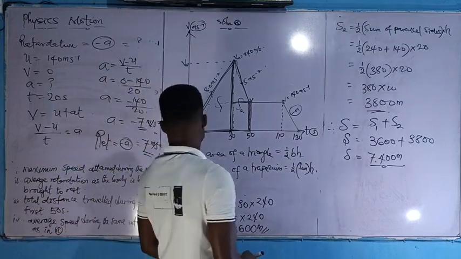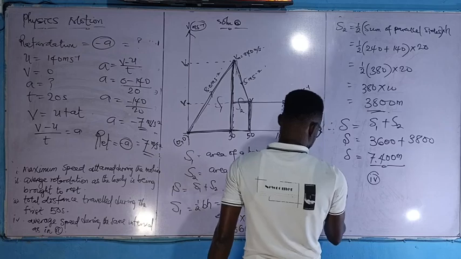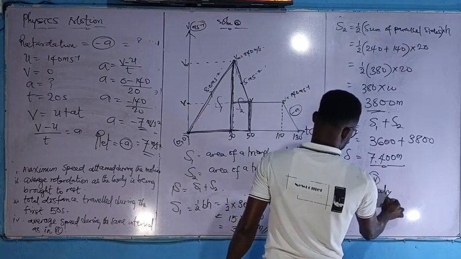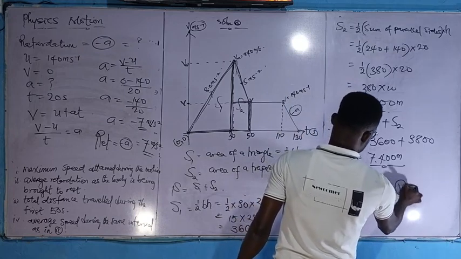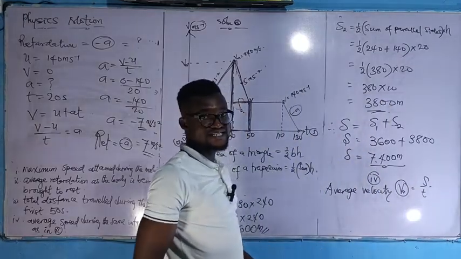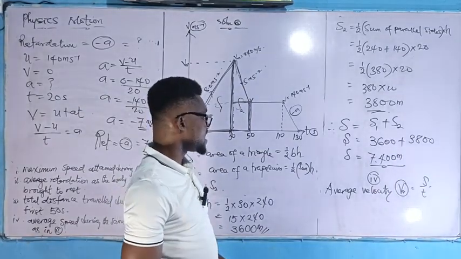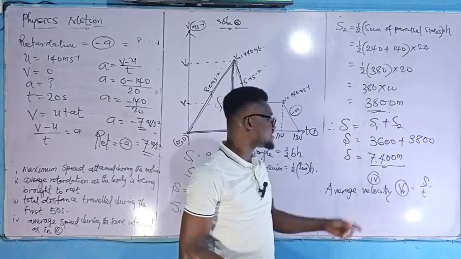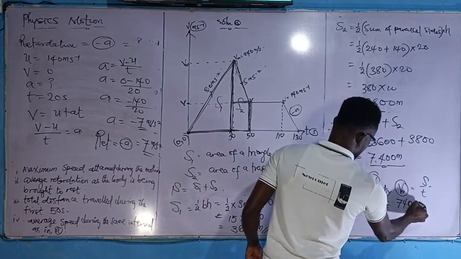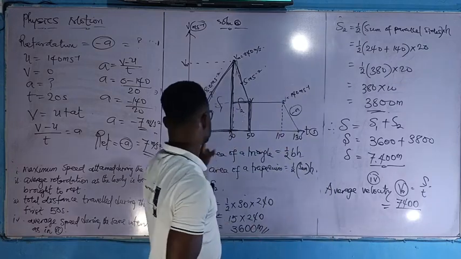Lastly, we are to find the average velocity, IV. Average velocity will be the total distance all over the total time, the time interval for that distance covered. We've seen that the total distance is 7,400, divided by the time interval.